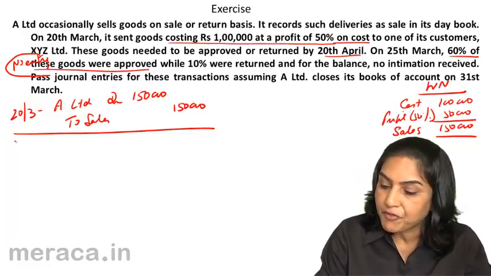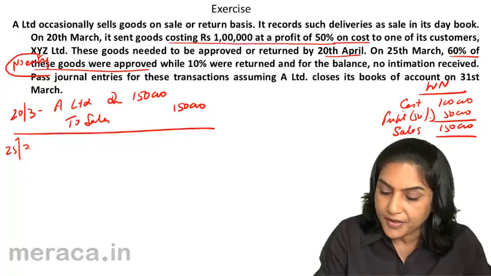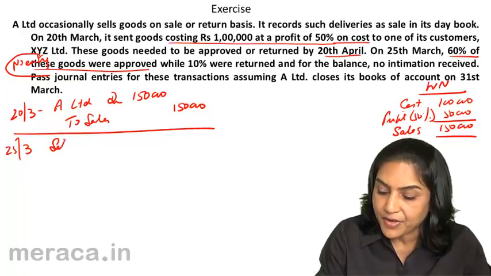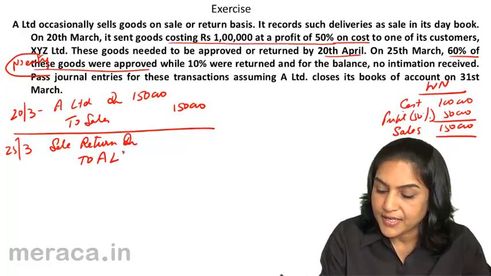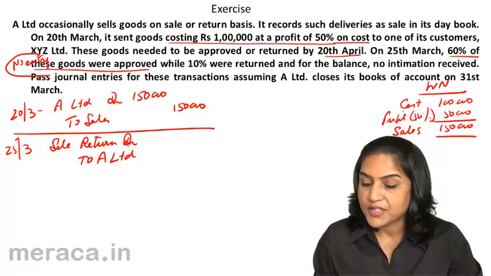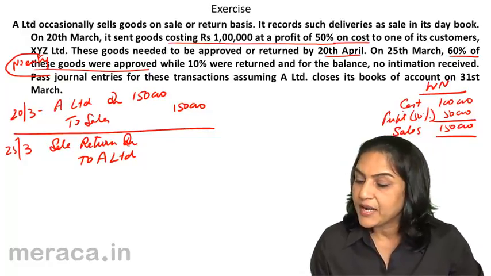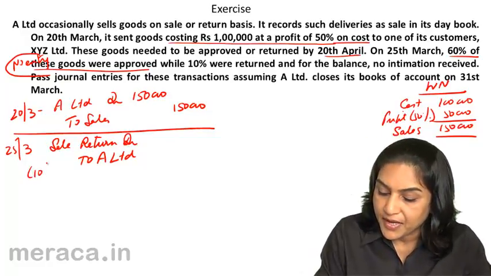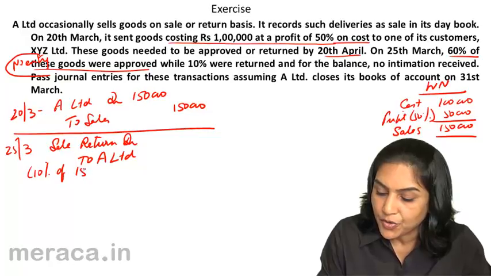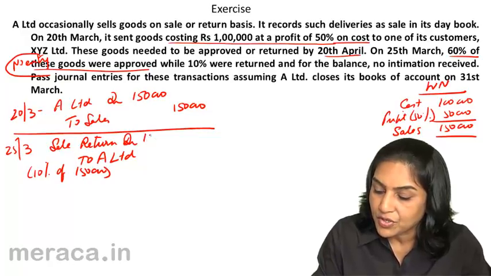What is the entry for return? It would be sale return account debit to the debtor A Limited. What is the value of these goods? 10% is being returned. 10% of the sale value of 1,50,000, we are talking of 15,000.